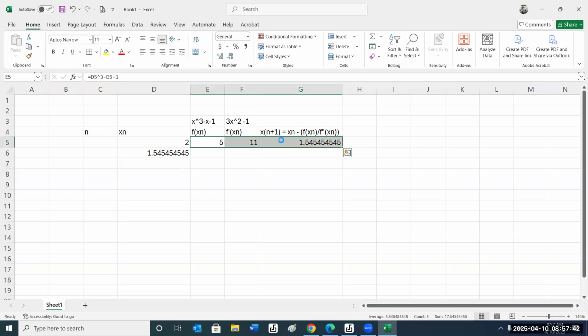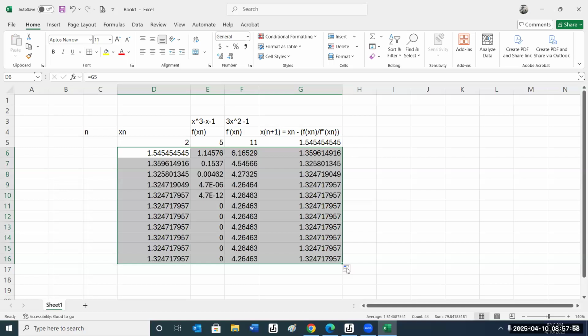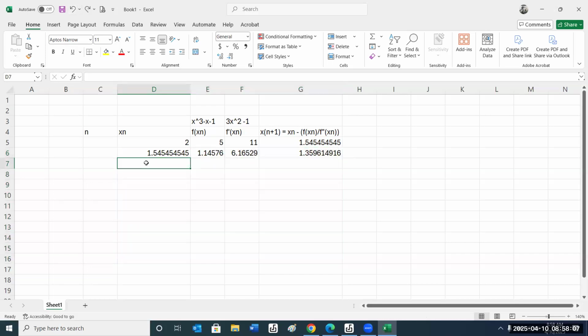All I do now is I copy my formulas, and I copy all these down.